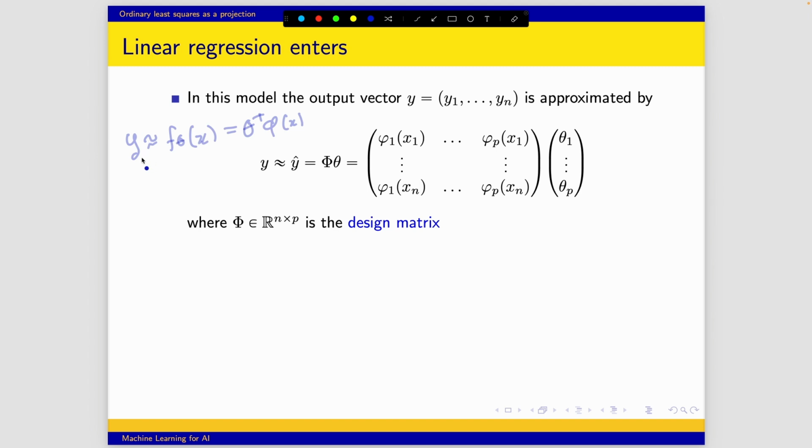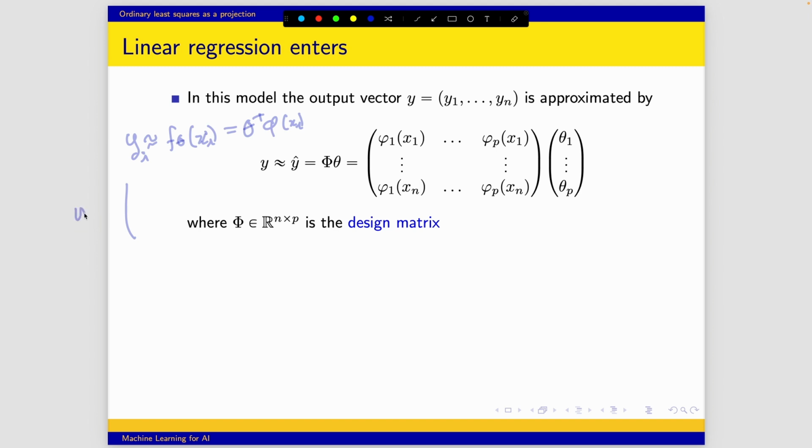So this is for general x. So let me put i here, so we don't confuse this with the vector of targets. So for each i, this is our model, that yi is approximately f theta at xi, which is defined as this thing here, this linear combination of basis functions.